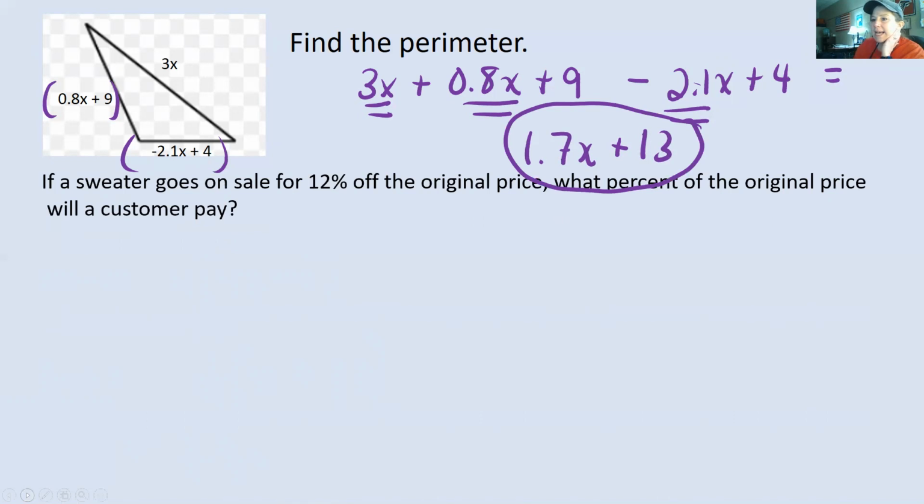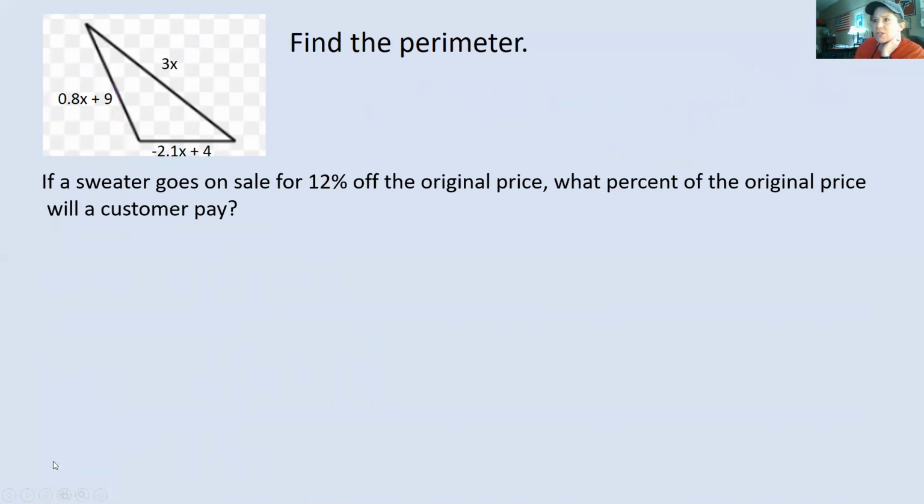All right, so now we're looking at percentages. So we're kind of changing lanes, but this first lesson goes over all of this stuff. If a sweater goes on sale for 12% off the original price, what percent of the original price will the customer pay? Well, when you start with the original price of anything, you're talking about the whole price. That's 100% of the price, right?